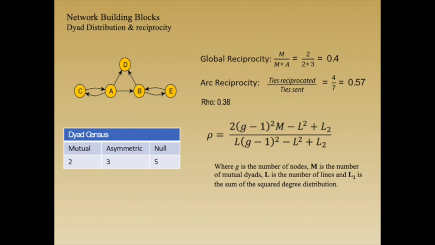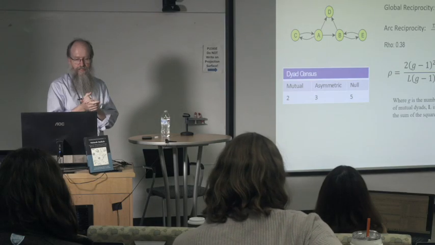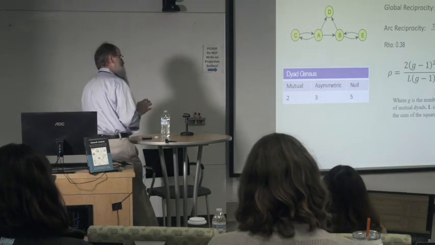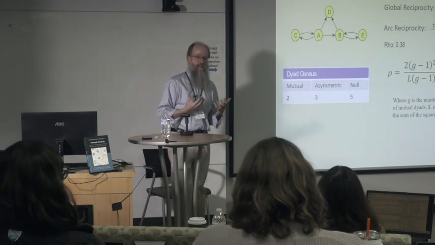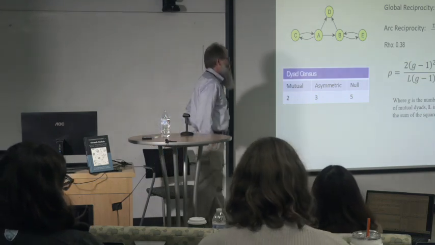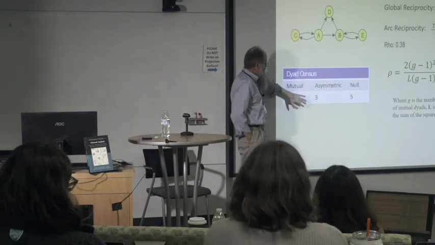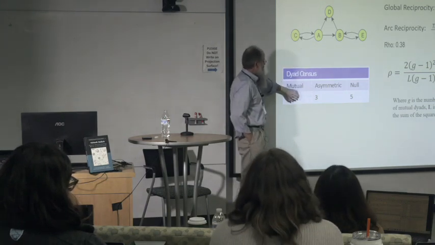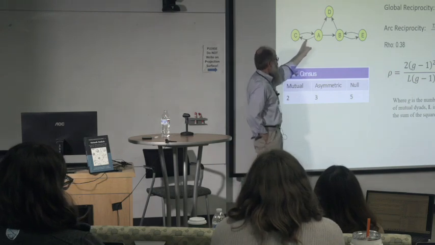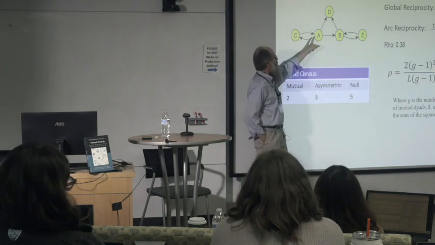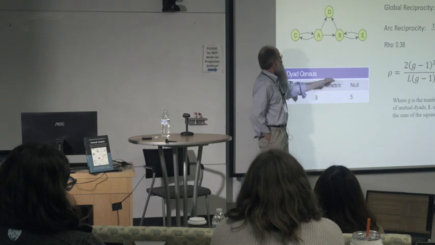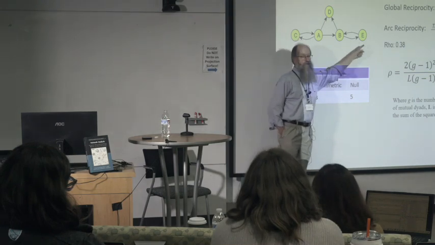Once you have an edge, if it's a directed network, you want to know whether the network is reciprocated or not. You might imagine that this is relatively easy, but it turns out there are a lot of different ways of calculating reciprocity in a network. The standard measure is to break your network down into, for each dyad, whether the dyad is mutual, like this one, whether it's asymmetric, like A to D, or whether it's null, like C to E, where there's no tie at all.